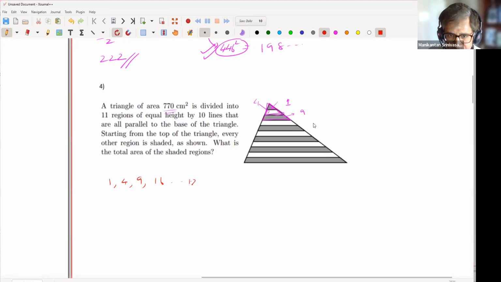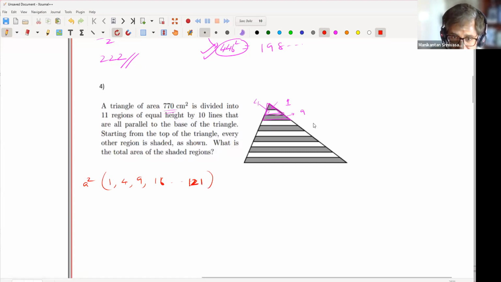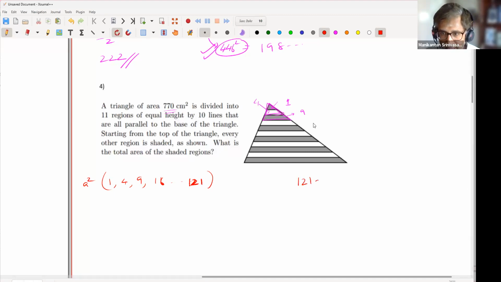So the areas of successive triangles, not regions, are a square into 1, a square into 4, a square into 9, all the way till a square into 121. So this 121 a square is the entire thing, which is given to be 770.